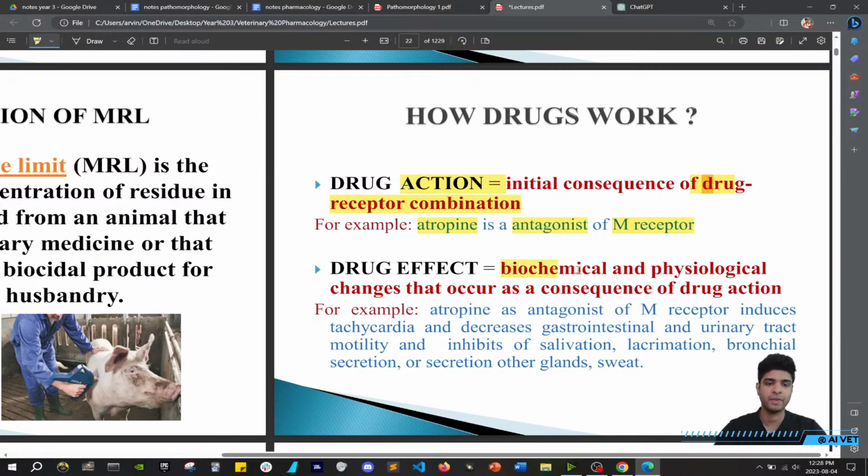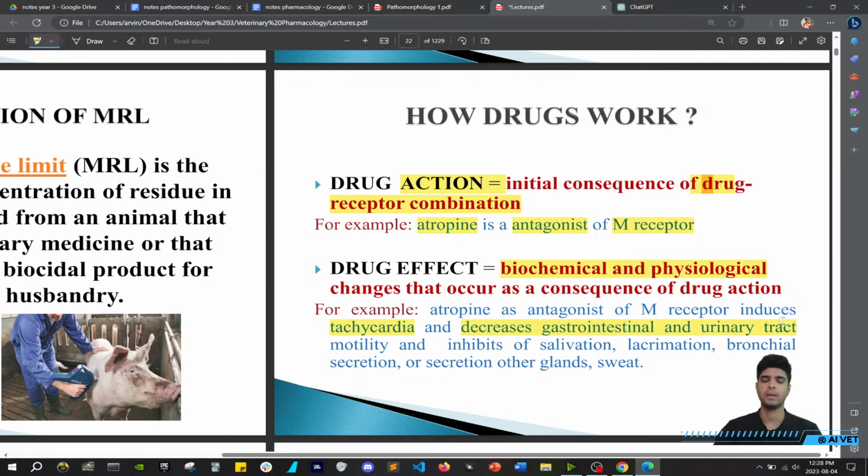Okay, what are the effects that it causes in the body when you take the drug? It causes tachycardia. What is tachycardia? An increase in the heart rate, right? And a decrease in the motility of the GI tract and urinary tract. The GI tract always has to move inside the gut. That's how it pushes the food down to the rectum, and also how it absorbs the nutrients.